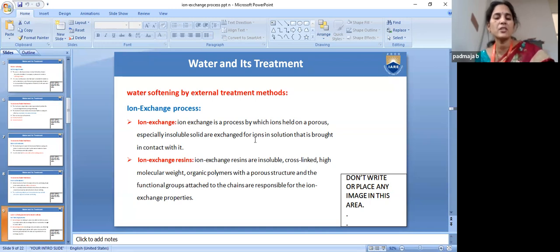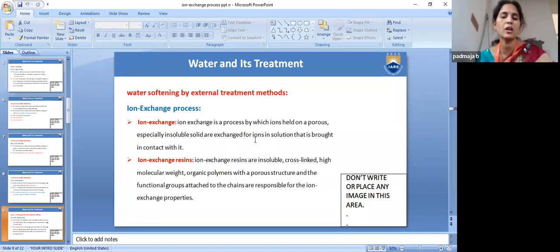Ion exchange resins are insoluble, cross-linked, high molecular weight organic polymers with a porous structure, and the functional groups attached to the chains are responsible for the ion exchange properties. So they have the property of exchanging ions.